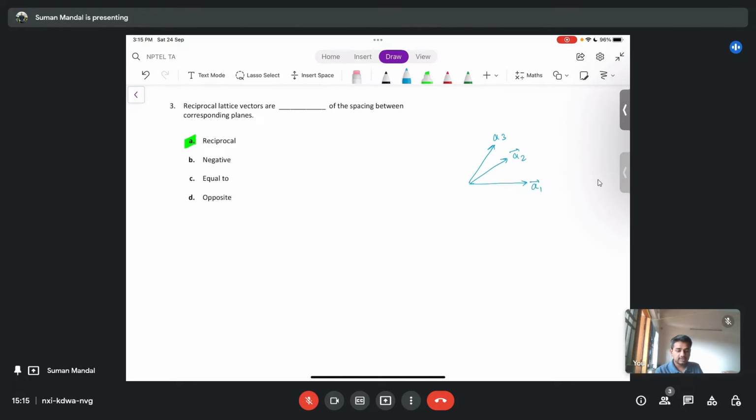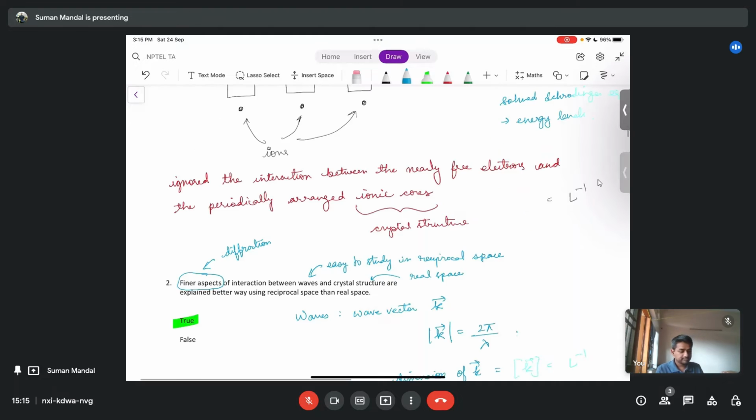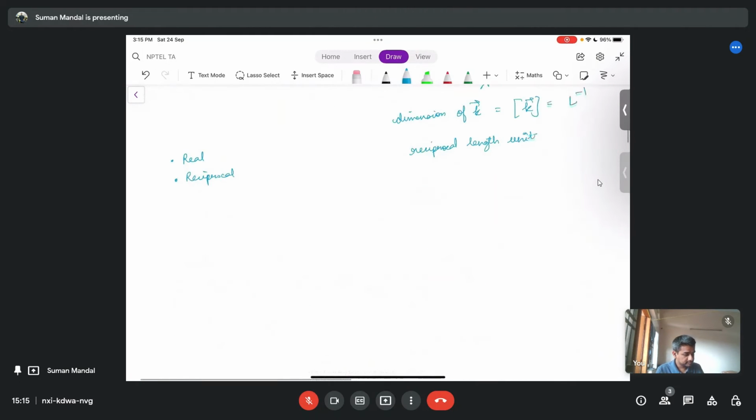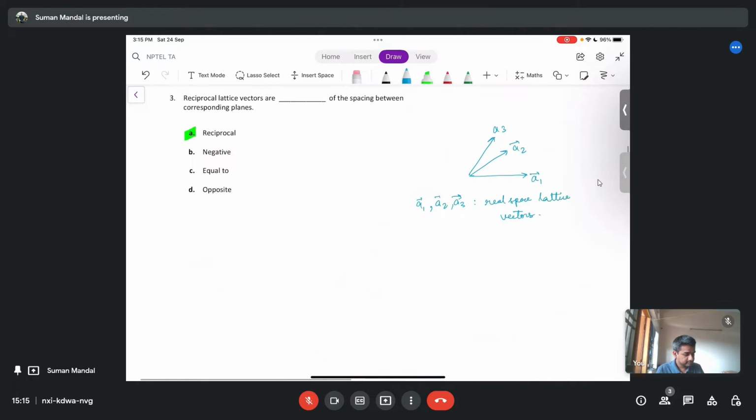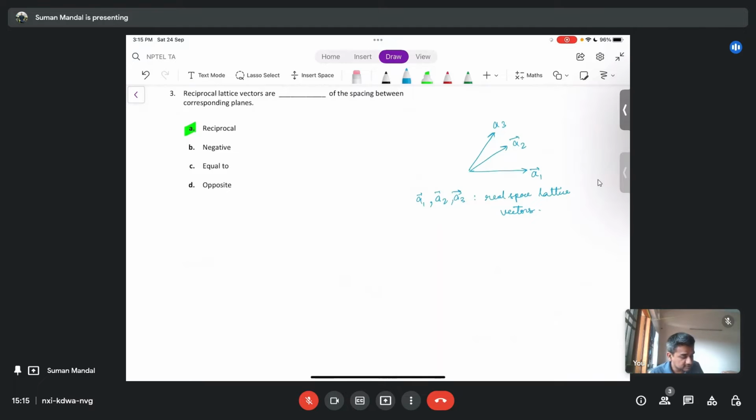Let a1, a2, a3 be the real space vectors.